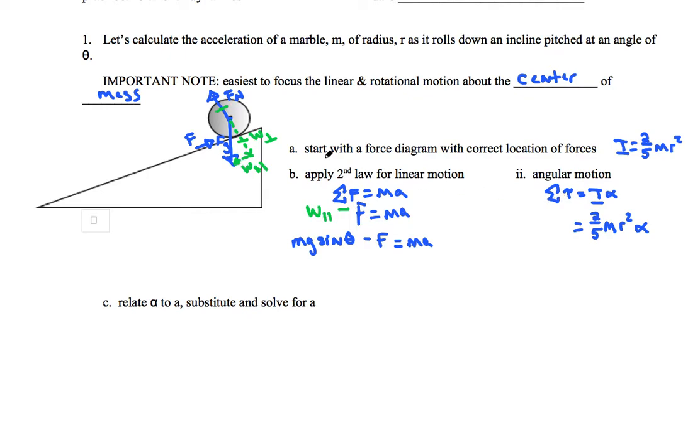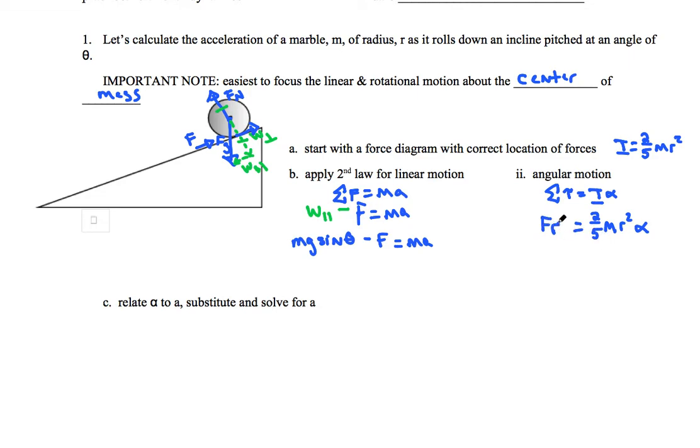The only torque actually acting, since these two forces act at the center of mass, is this force F. It acts perpendicular to the radius of the sphere, so I don't have to worry about the sign, and it's F times R.